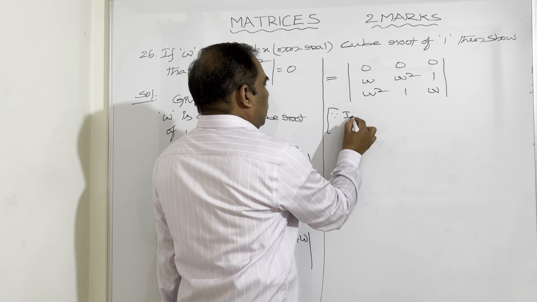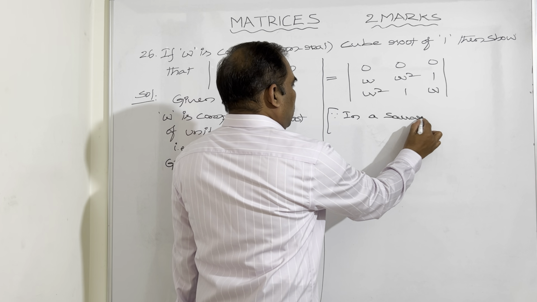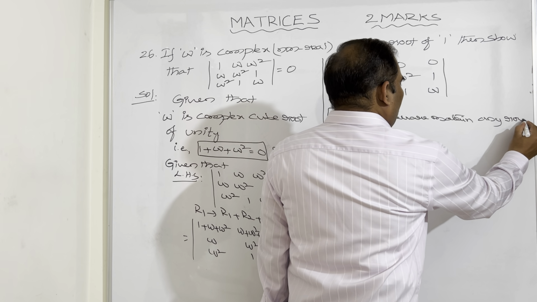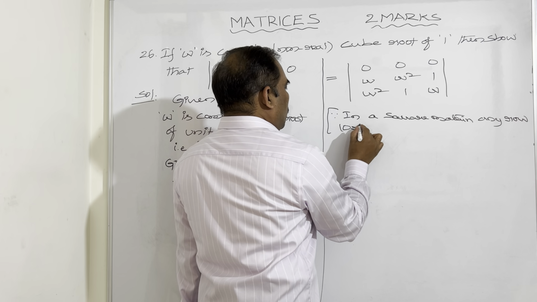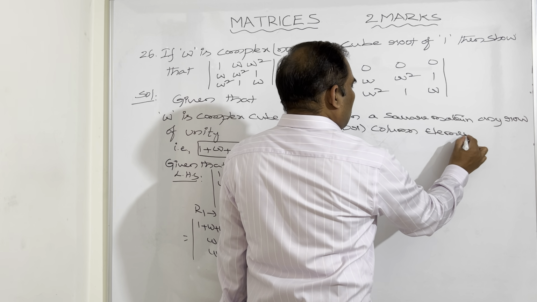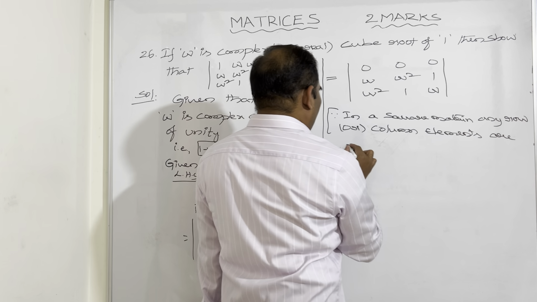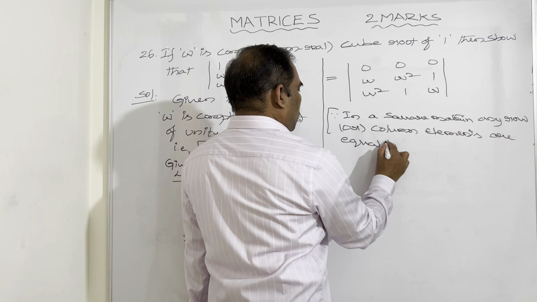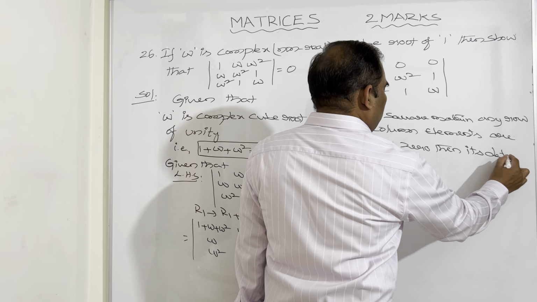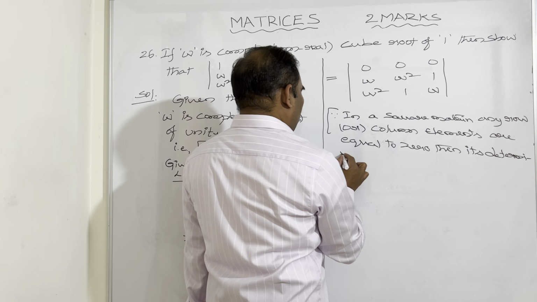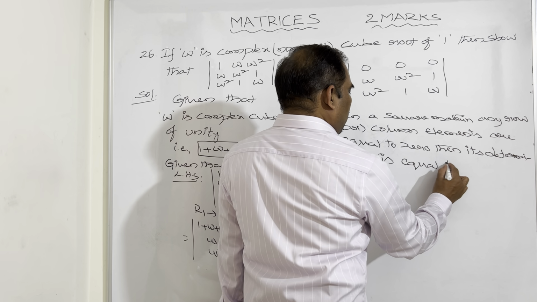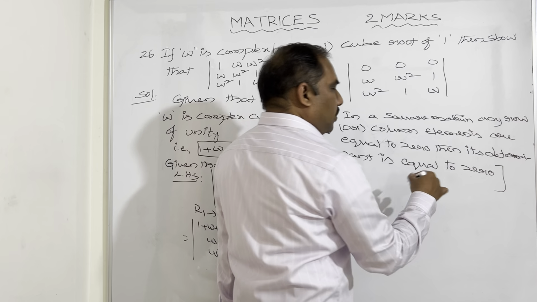So we know the property: in a square matrix, if any row or column elements are equal to 0, then its determinant is also equal to 0. This is a property of the determinants.